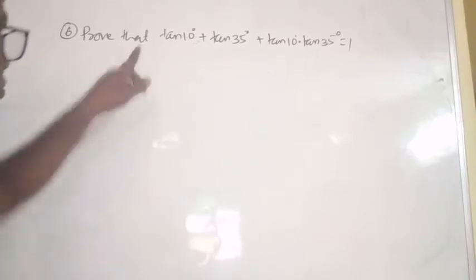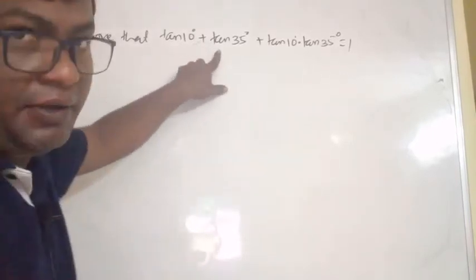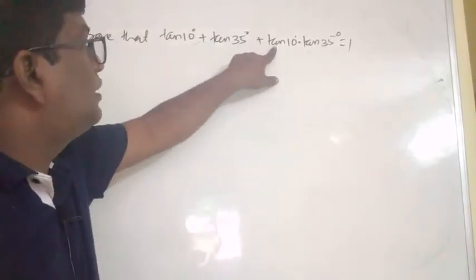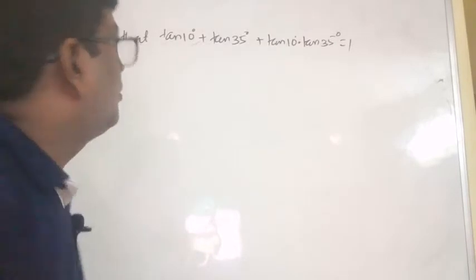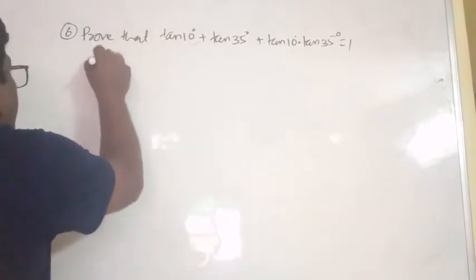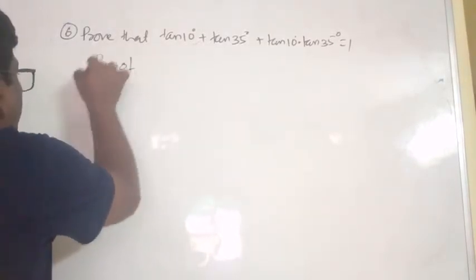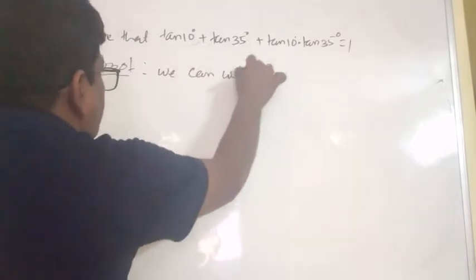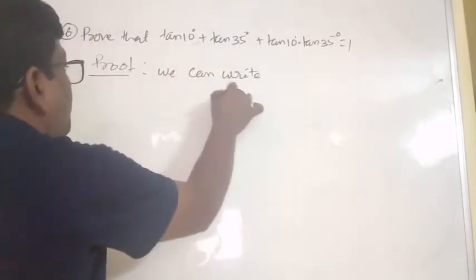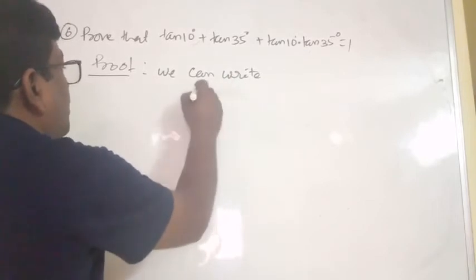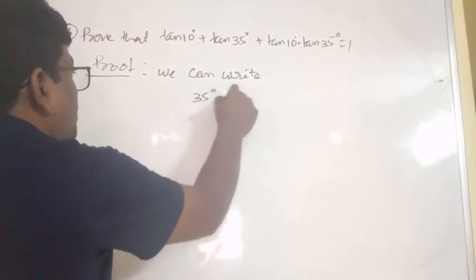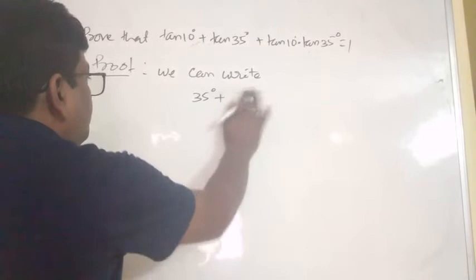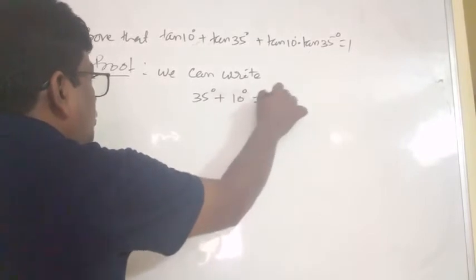And another problem. Tan 10 degree plus tan 35 degree plus tan 10 degree into tan 35 degree equals 1. So prove. We can write 35 degree plus 10 degree is equal to 45 degree.